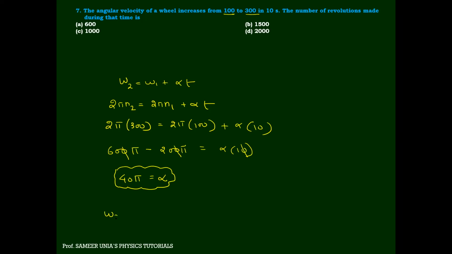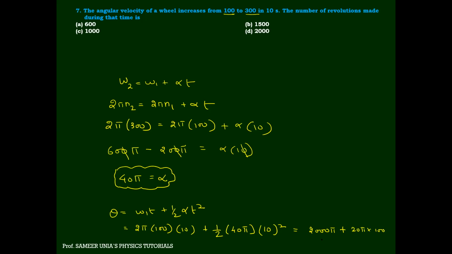Now next, omega 2 square is equal to omega 1 square plus 2 alpha theta. या तो इससे बेहतर है I use that theta का सेकेंड वन. थीटा इज ओमेगा 1 टी प्लस हाफ अल्फा टी स्क्वायर. ओमेगा 1 is 2 pi n1, t is 10, half alpha is 20 pi into t square, 10 का square will become 100, so 2000 pi plus 20 pi into 100, 4000 pi आएगा. थीटा मिला.